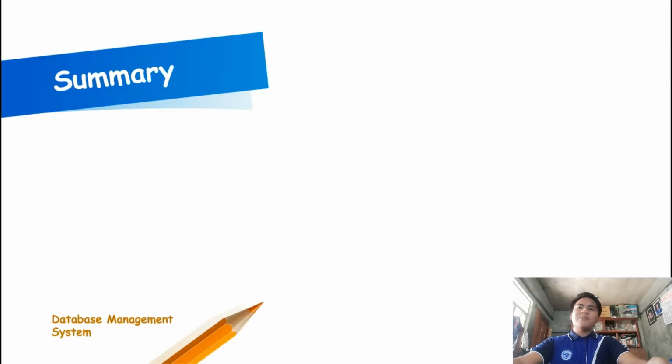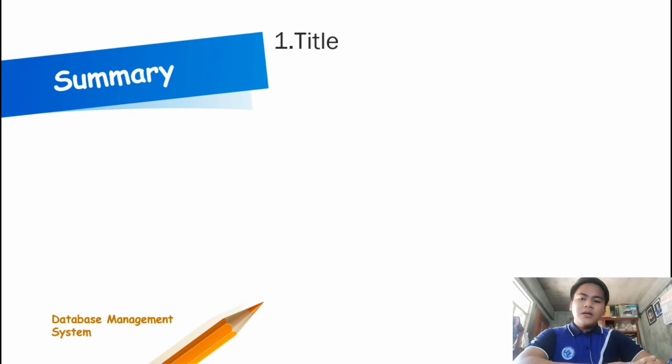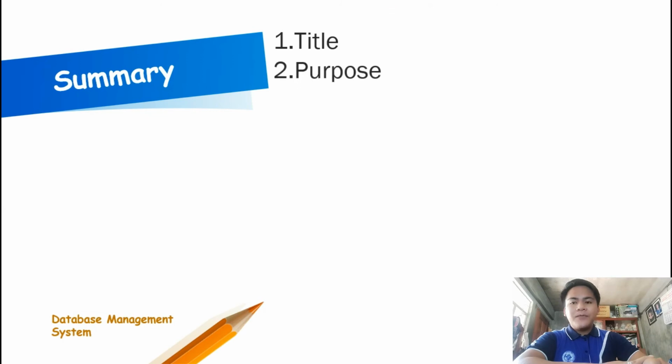Okay, so as a summary, in order for us to create a database, we need to identify first the title. After we identify the title of our database, then we are going to come up with the purpose of our database.